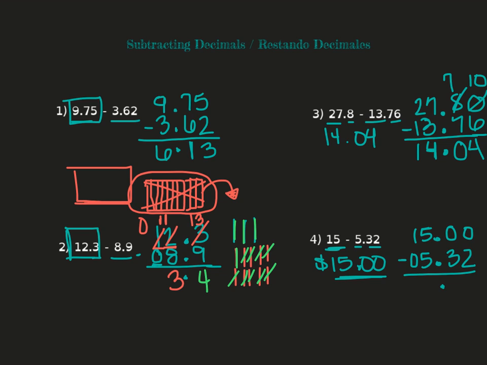So again, this one is unique because I have 0 and I need to take away 2. Well, I cannot take 2 from 0, so I'm going to have to regroup. However, when I look at my number in the tenths place, I have a 0 there as well. I do not have enough to borrow, to regroup. So I'm going to have to go to my ones place, my wholes.